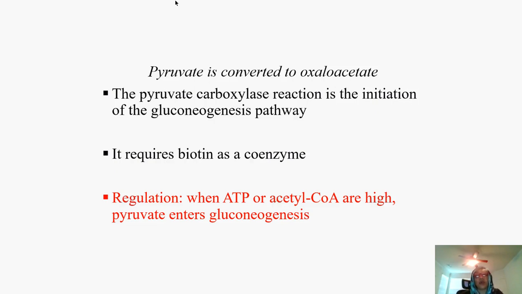So the priority is always for energy, because if the liver does not have energy, it cannot synthesize. It cannot help others. I mean, if you are unable to help yourself, you cannot help others. So that's the rule. The liver first has to be in a high energy status to be able to use that energy to synthesize glucose by gluconeogenesis.